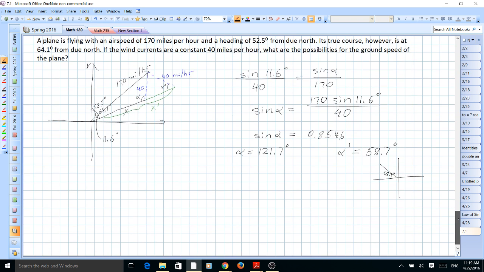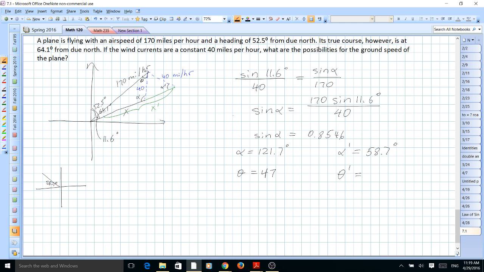This will give me the opportunity to find theta or theta prime. I already know that one of the angles is 11.6. If I found one of the angles to be 121.7, to get the other angle, which I'll label as theta, I'll take 180 minus 11.6 minus 121.7.